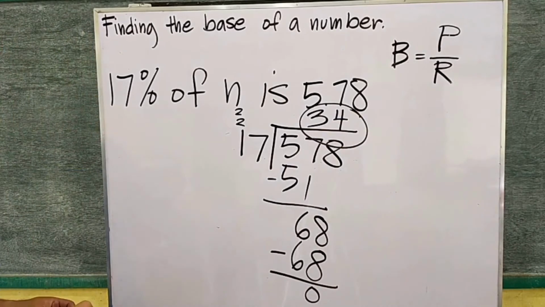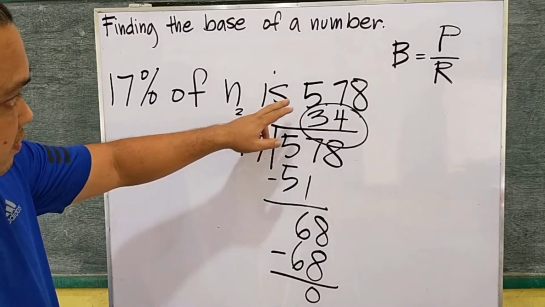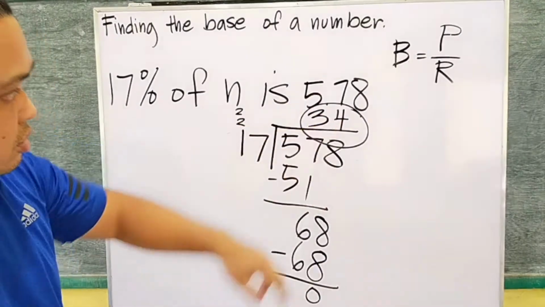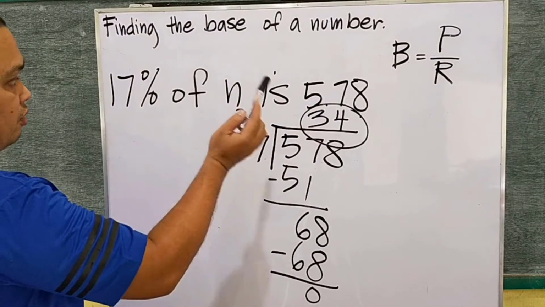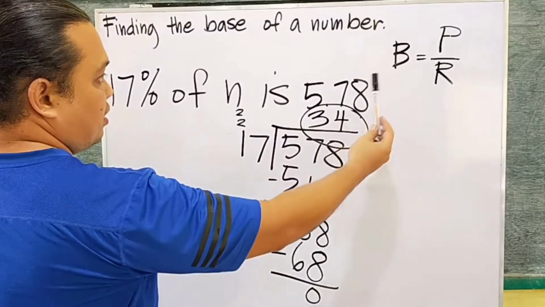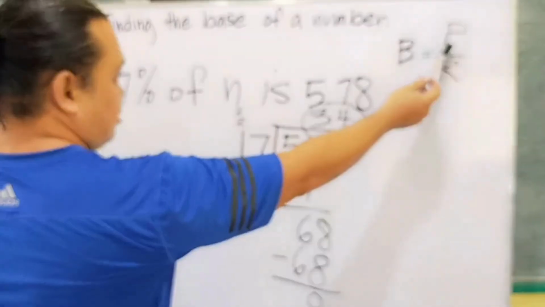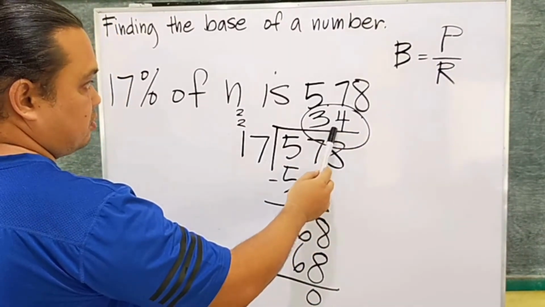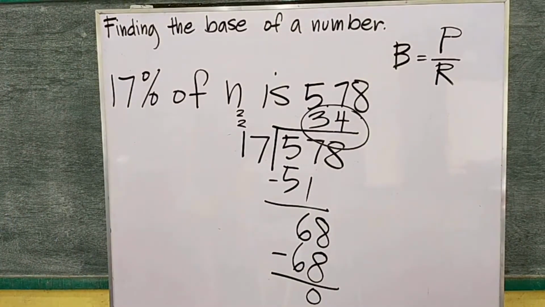So we can say 17% of n is 5.78. Now that's 34. The number is 34. Now 17% here is our rate, 5.78 is our percentage, while 34 here is our base. So let's have one last example.